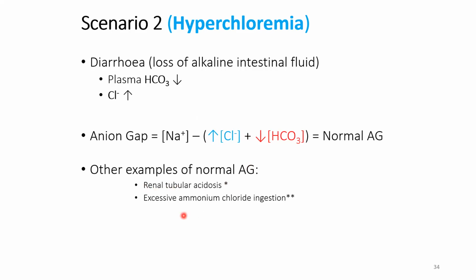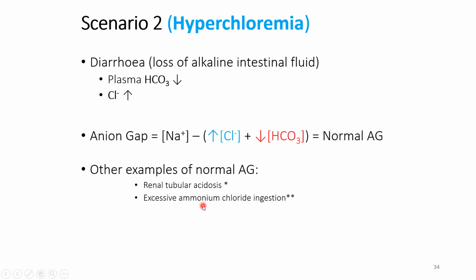The other is excessive ammonium chloride ingestion, a famous type of poisoning, and in this the ammonium bit is converted into urea in the liver, while the chloride is what gives rise to hyperchloremia, and hence this metabolic acidosis.